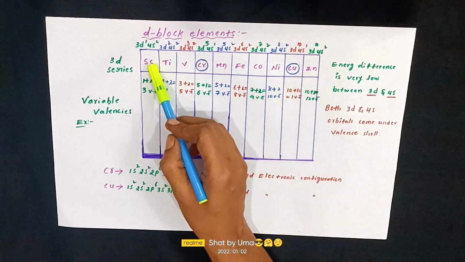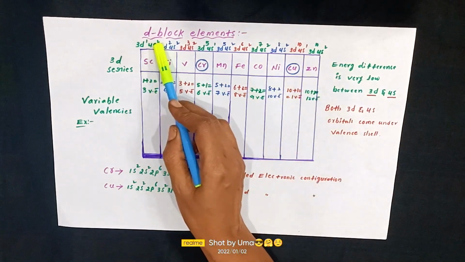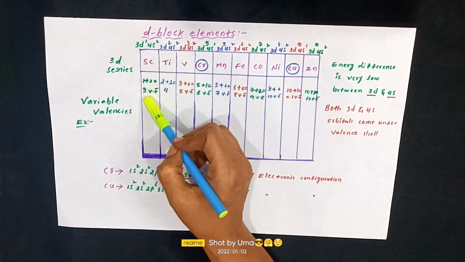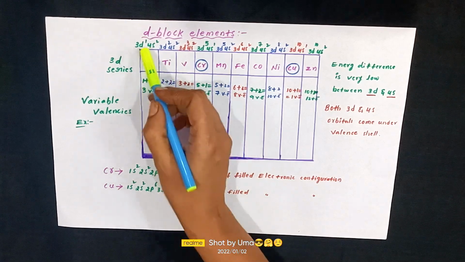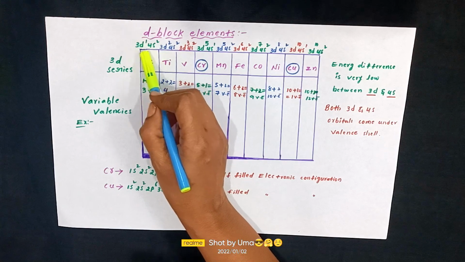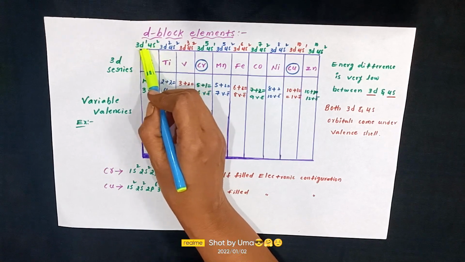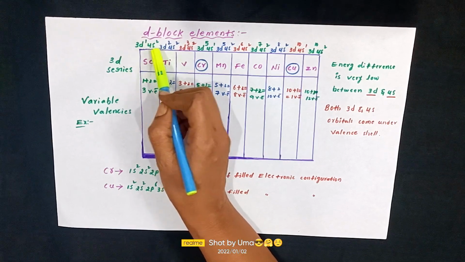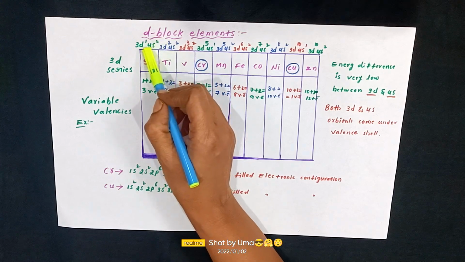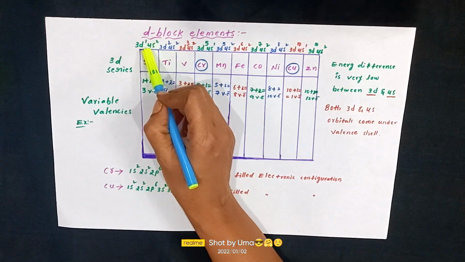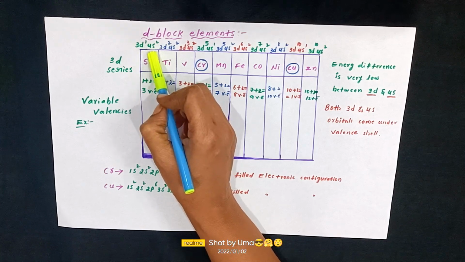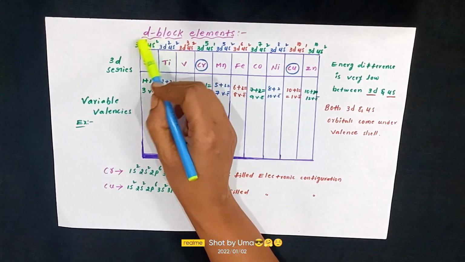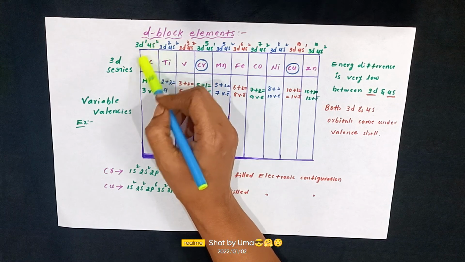Scandium contains 2 plus 1, that is 3 electrons in its valence shell. Both 3D and 4s come under the valency orbitals, because there is a small energy difference between the 3d and 4s orbitals. Due to that, both come under the valence shell.